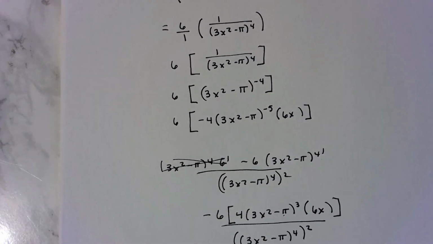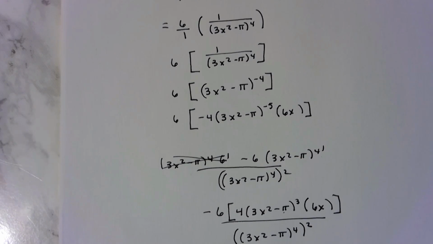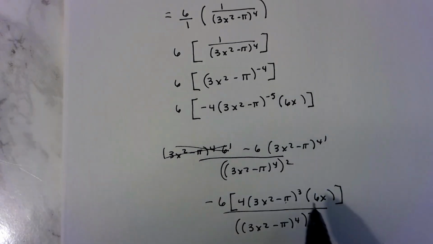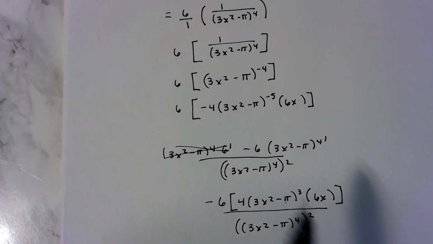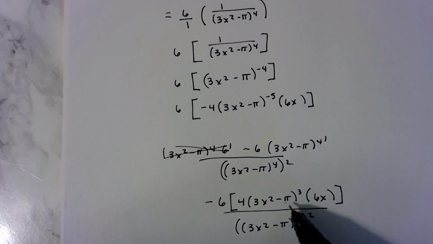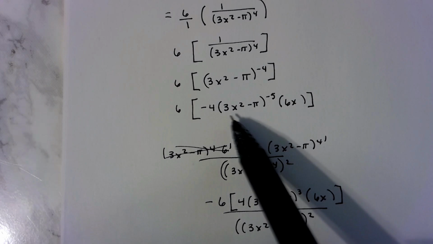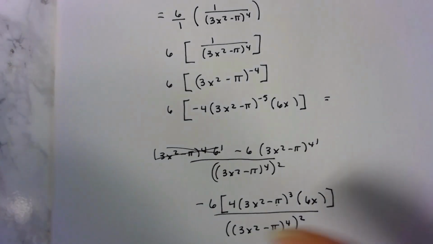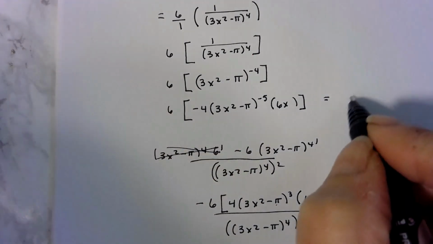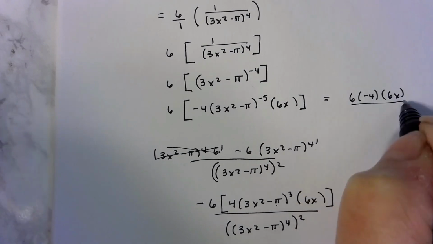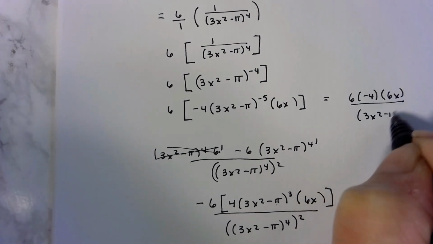Now you may say, this doesn't look the same as the one above it, because this is to the -5 and that's to the 3rd. Well, let's not forget here that we have one of these things downstairs. So if I simplify this one, this is 6 times -4 times 6x all over (3x squared minus pi) to the 5th.